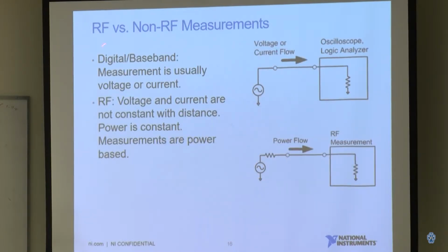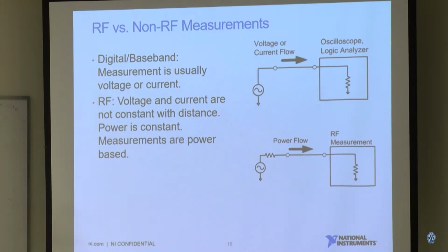So what's RF versus non-RF measurement? Traditionally, in non-RF measurement, we usually just talk about voltage and current. Again, at low frequency, the voltages are really the same at different distances along the transmission line. But when you talk about RF, the voltage and current are not consistent with distance, because it's a sinusoid signal and it also depends on your frequency.